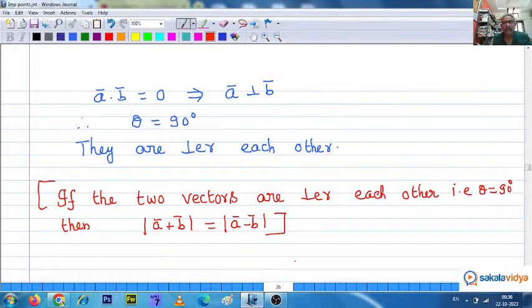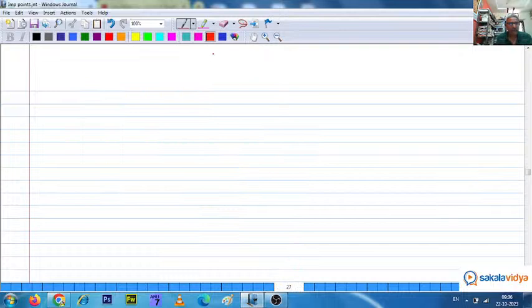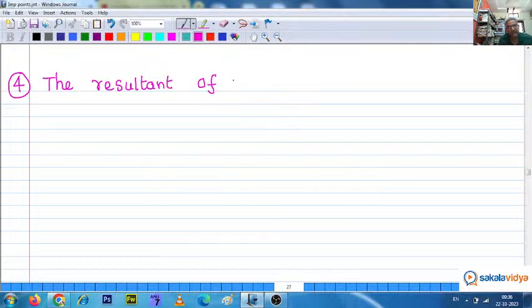So let us move to yet another problem. Problem number 4. First, all of you look at the screen carefully and note down in your notebooks also. The resultant of two forces is 2f cos theta by 2, where theta is the angle between the two forces.